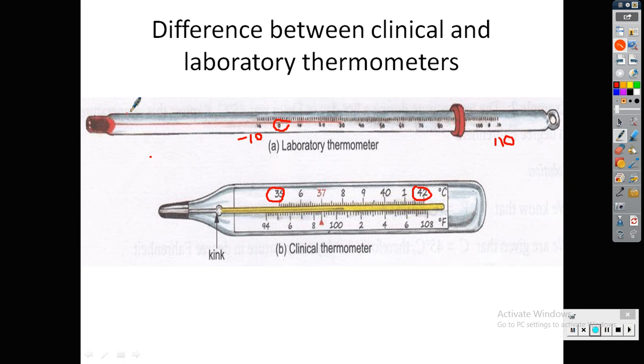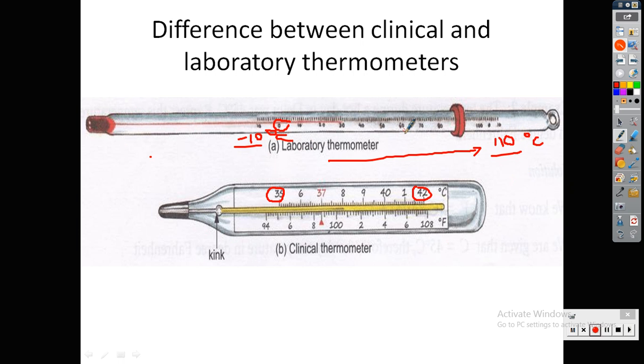This laboratory thermometer is also a mercury thermometer. It also has a long mercury tube and can measure from minus 10 to 110 degrees centigrade. So the range of the laboratory thermometer is from minus 10 degrees centigrade to 110 degrees centigrade.